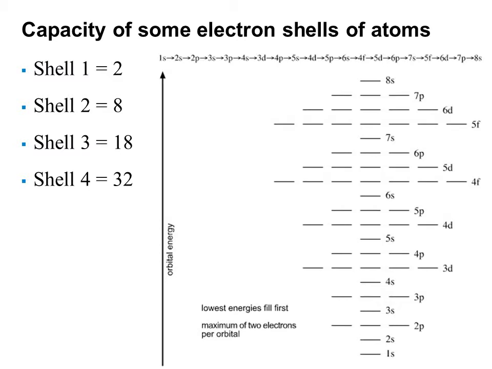So let's look at the capacity of some electron shells of atoms. Shell 1 holds up to 2 electrons. Shell 2 can hold up to 8. Shell 3 can hold up to 18, and shell 4 can hold up to 32.